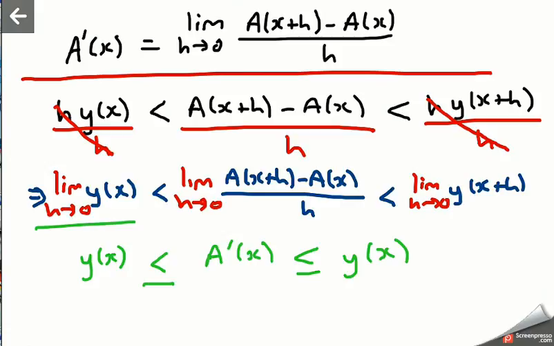And therefore what we have is y of x is less than or equal to A prime of x, which is less than or equal to y of x. And therefore what we've just worked out is that A prime of x is equal to y of x.